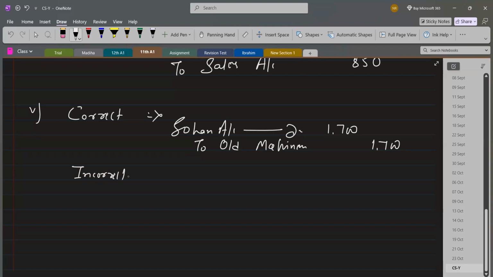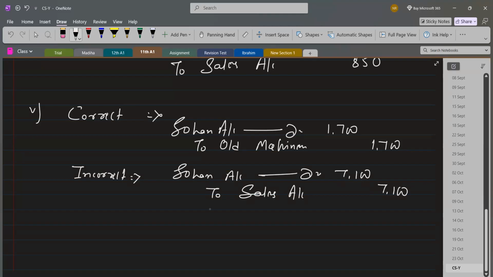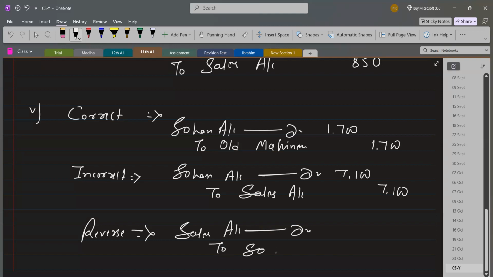It means it is recorded as Sohan account debit to sales account, 7,100. We have to reverse the incorrect one. So the reverse entry will be sales account debit to Sohan account, 7,100.